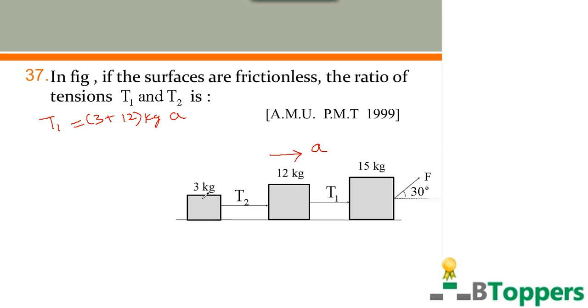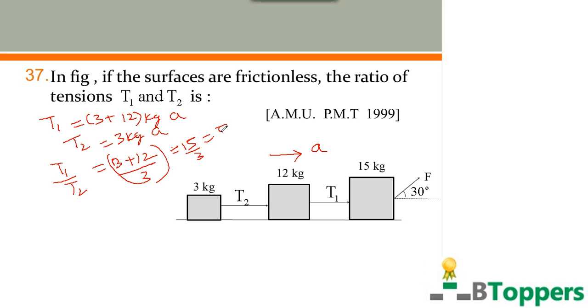That means if you consider a single block of mass 3 kg as one system, then the resultant force on this system in the horizontal direction, T2, is equal to the product of the mass of the system and acceleration. Acceleration is the same here for all the three blocks. So if you divide T1 by T2, it is 3 plus 12 by 3, where a gets cancelled. So that is 15 by 3, or 5 by 1. So 5:1 is the answer.